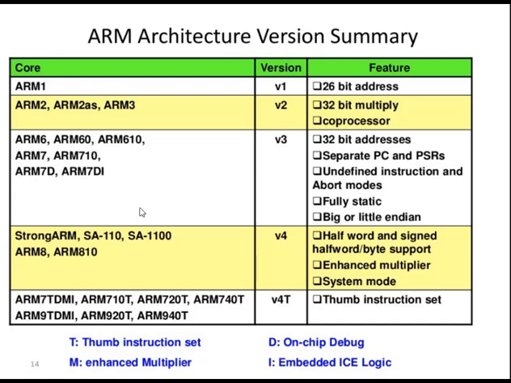ARM1 is version 1, the feature is 26-bit address. Then ARM2, ARM2AS, ARM3. The features are 32-bit multiply and coprocessor present.